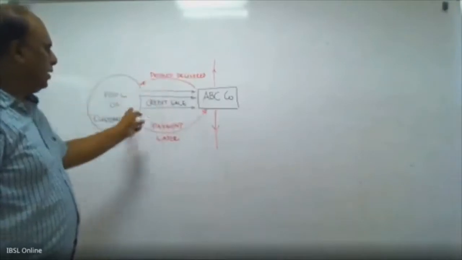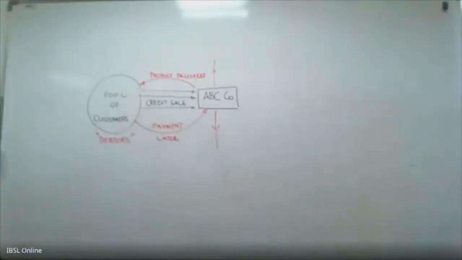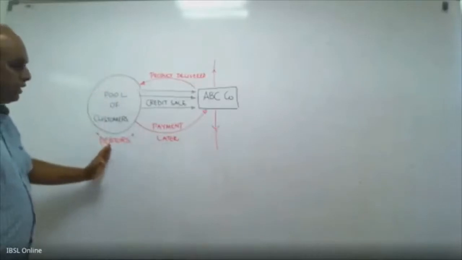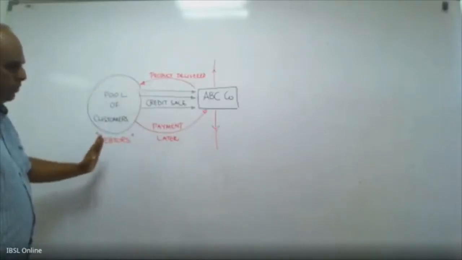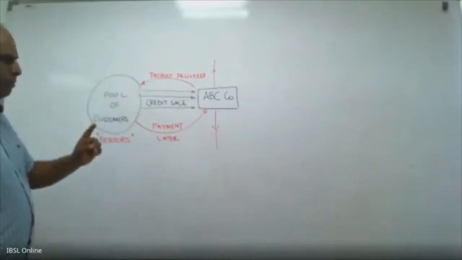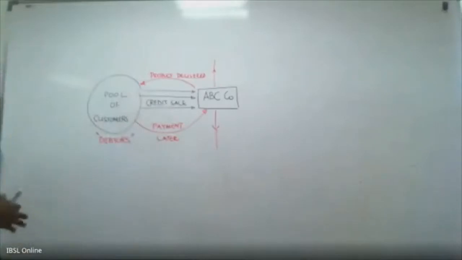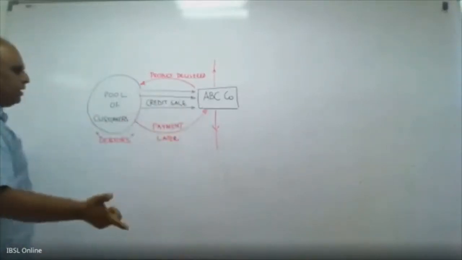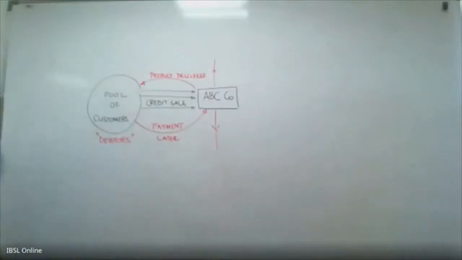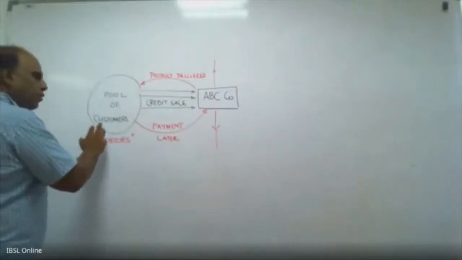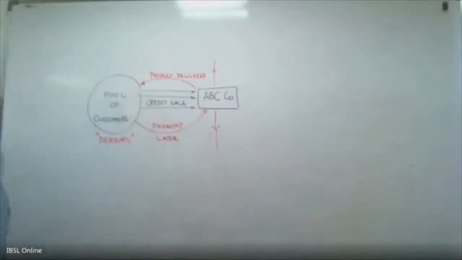You deliver the product, you receive the payment later. So from the business point of view, all these customers are known as debtors. Please remember, this is only in the case of credit sale. If these people have paid cash immediately, the transaction is over and there are no more debtors. Debtors means somebody who owes money to you.